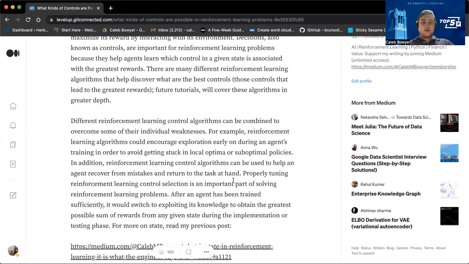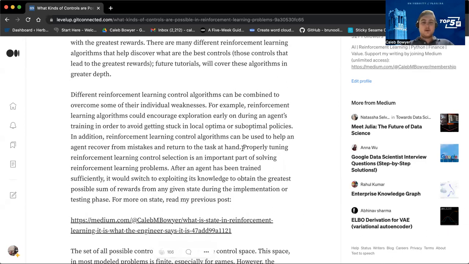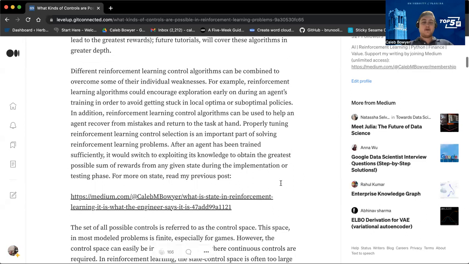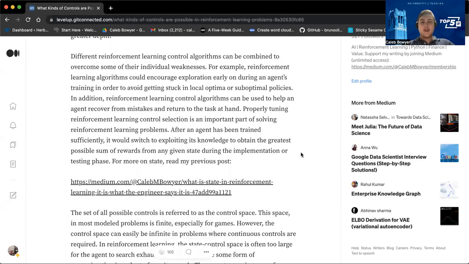In addition, reinforcement learning control algorithms can be used to help an agent recover from mistakes and return to the task at hand. Properly tuning reinforcement learning control selection is an important part of solving reinforcement learning problems.